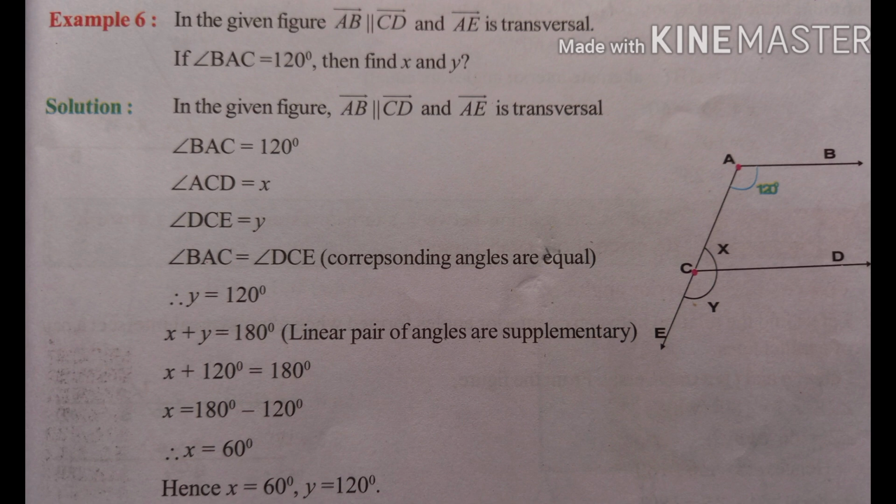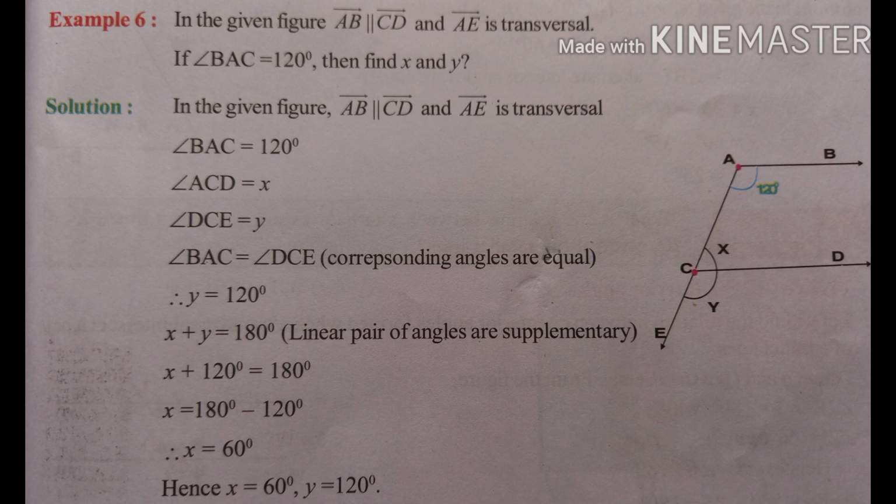Here we have the Y value as 120 degrees. So X plus 120 degrees is equal to 180 degrees. To find the X value, we have to take the 120 to the RHS. It will become minus 120 degrees. So X is equal to 60 degrees.